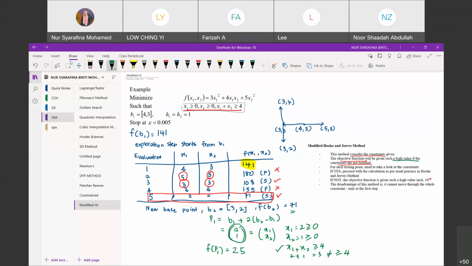So we have to give such a high value of FP1 here, such as 10 to the power of 30. Okay, clear or not? So now instead of 25, your FP1 is 10 to the power of 30. So your next evaluation should be compared with this value. Is that clear?